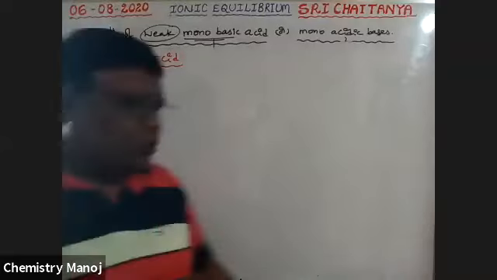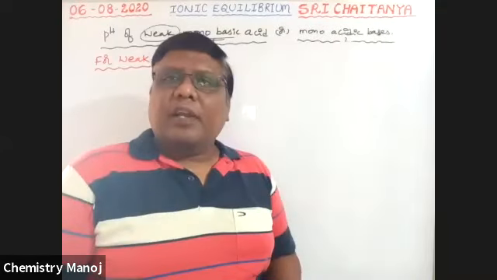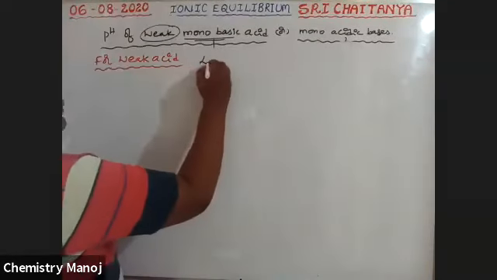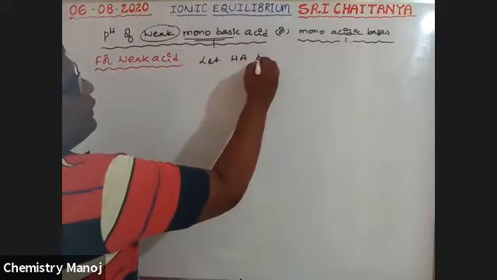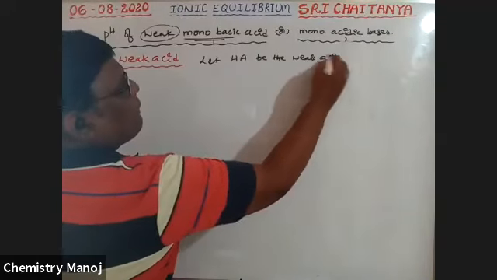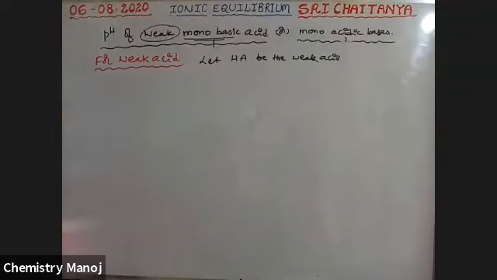For a weak acid, how to calculate pH? Let us consider a weak acid, HA. Let HA be the weak acid.